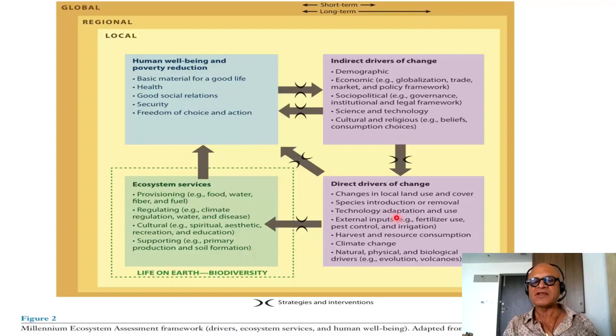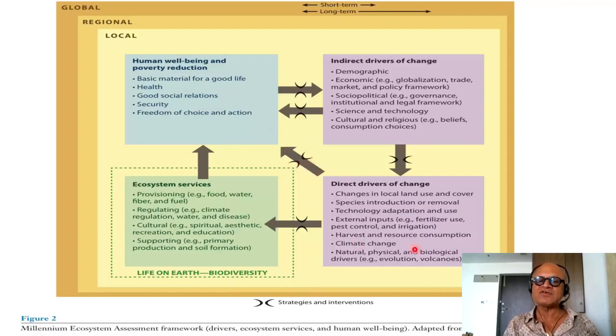And there are direct drivers of change, which are interacting with indirect drivers, and all of them feed back to human well-being and poverty reduction, and hopefully there are strategies and interventions that reduce the impacts directly and indirectly.